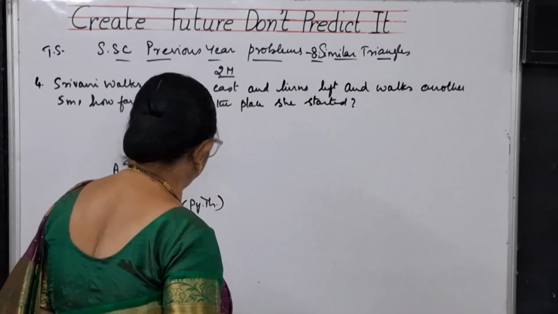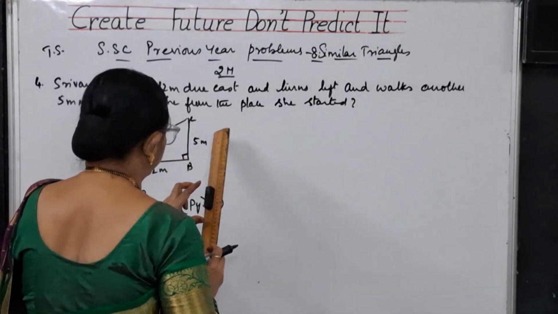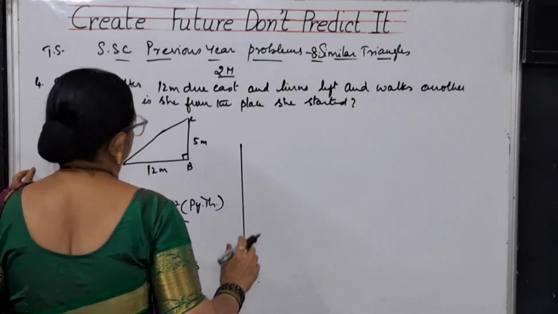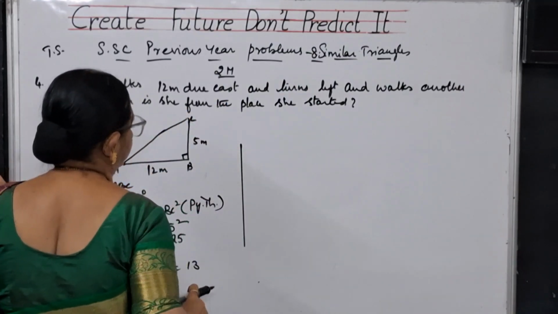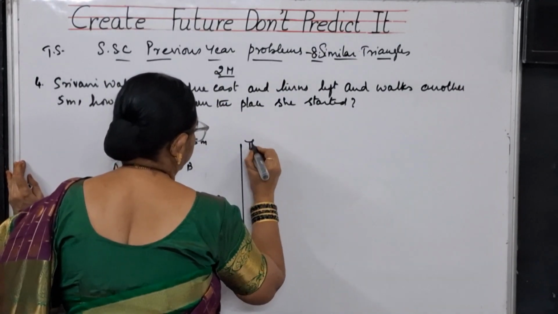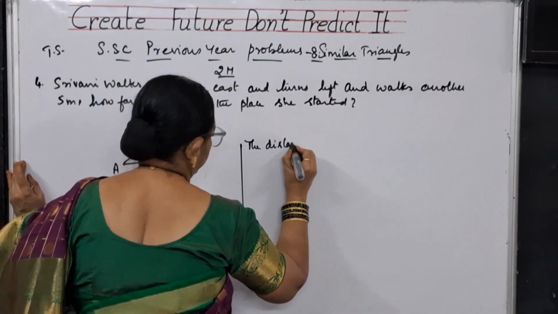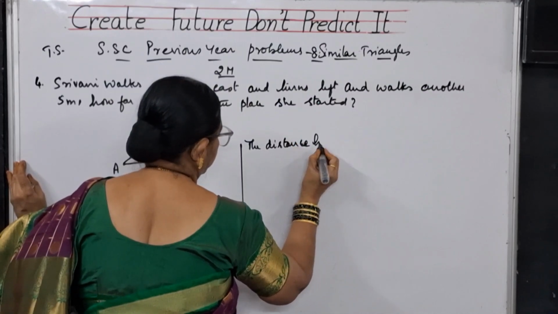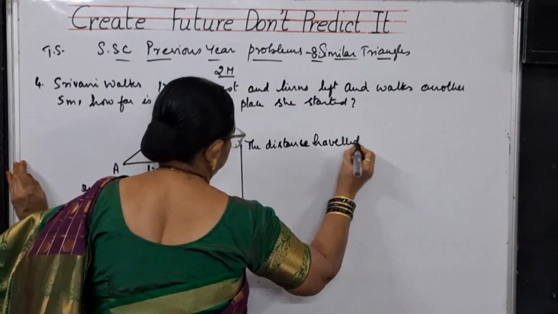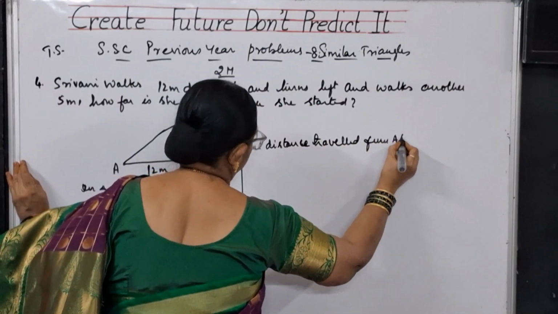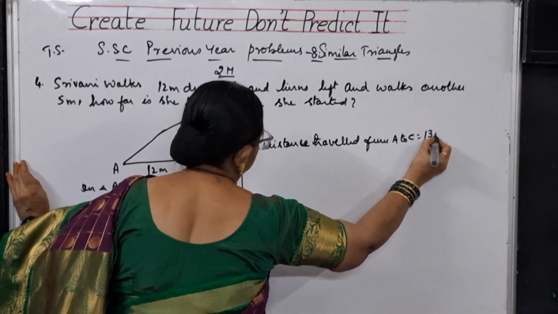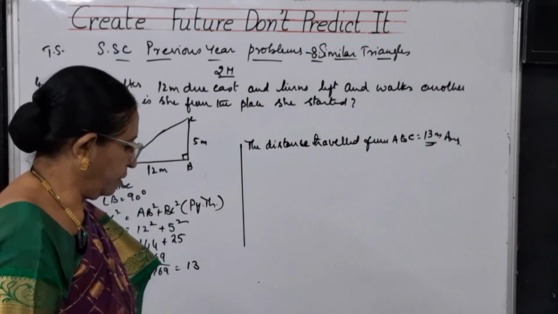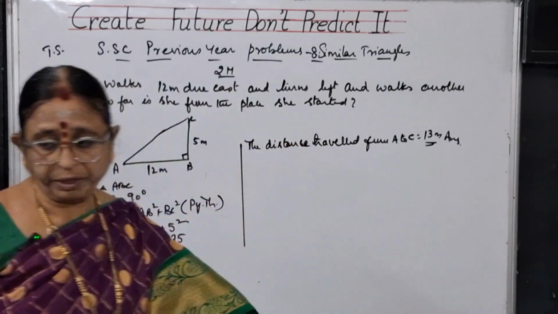So, how far is she from the place she started? The distance traveled from A to C is equal to 13 meters. This is the answer for this problem, children. This is the fourth one. Please copy.